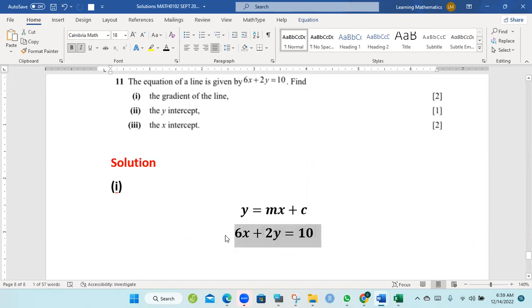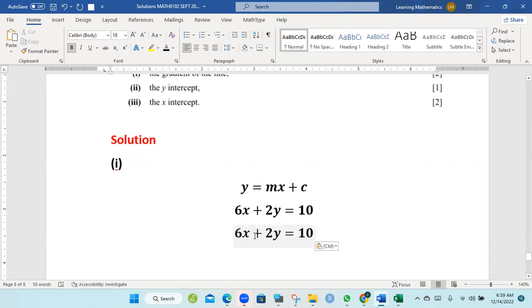First, we're going to subtract 6x from the left side. If we subtract 6x from the left side, we have to subtract 6x from the right side.